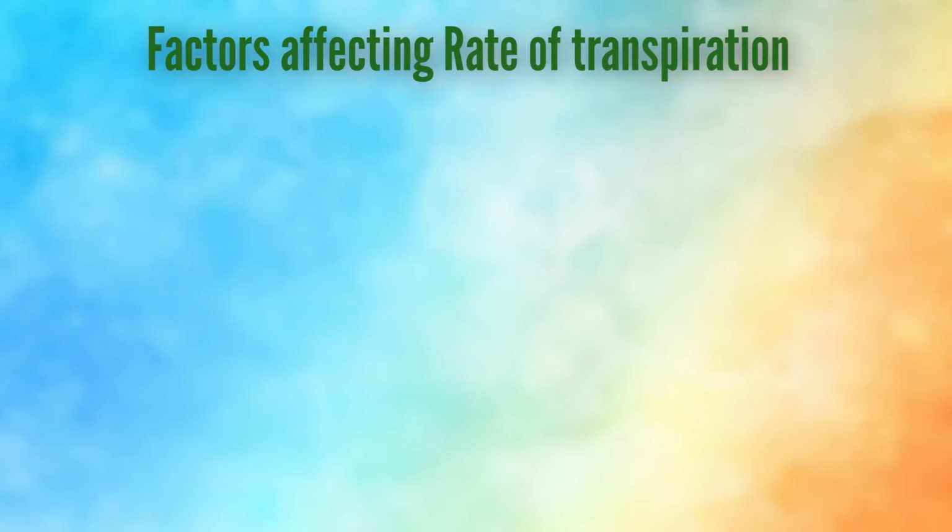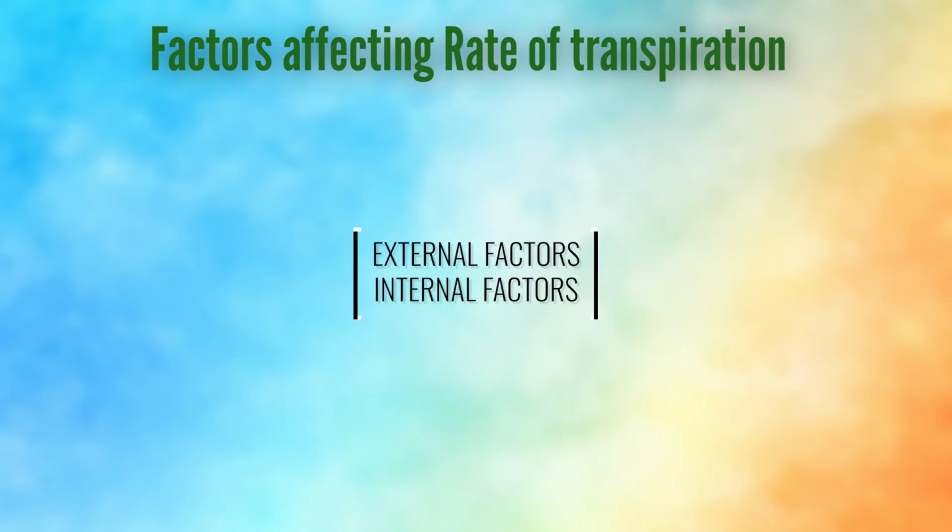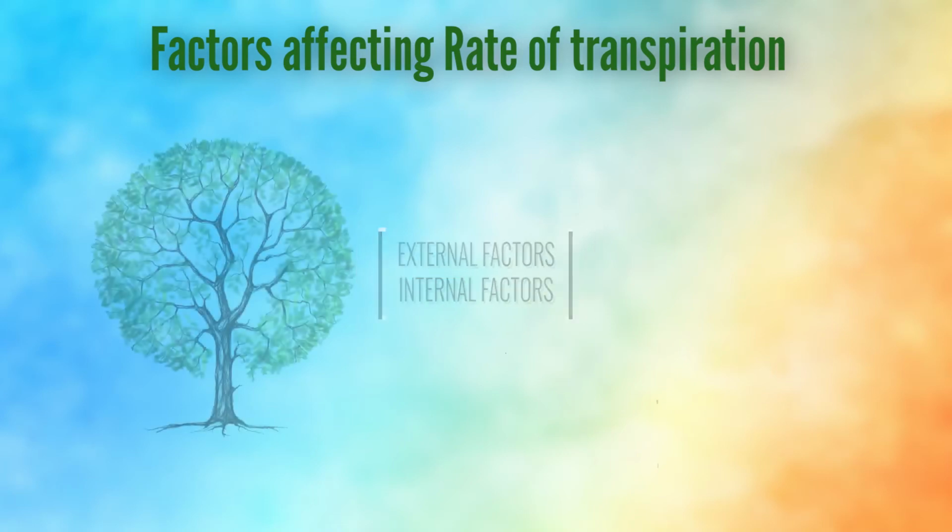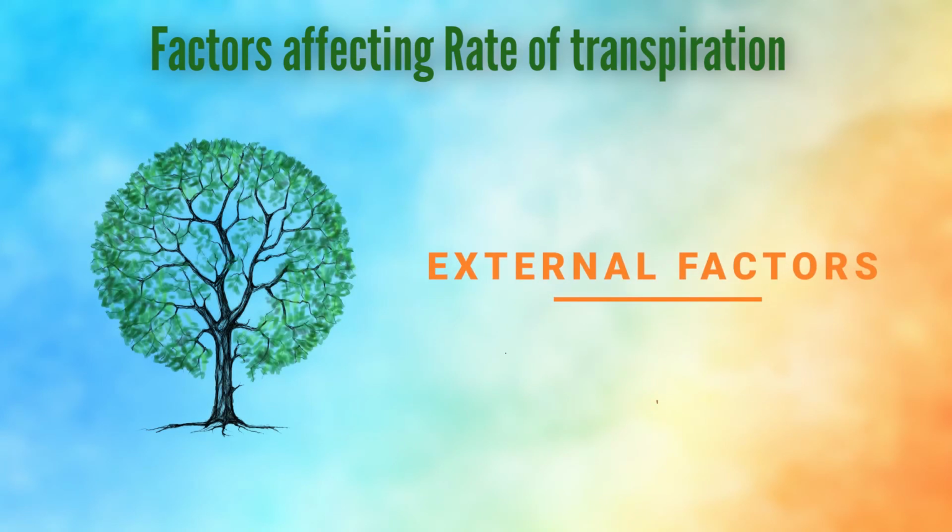Now, I will discuss the different factors that affect the rate of transpiration. The different factors can be divided into two heads. One is external factors and the other is internal factors. Firstly, let us consider the external factors.